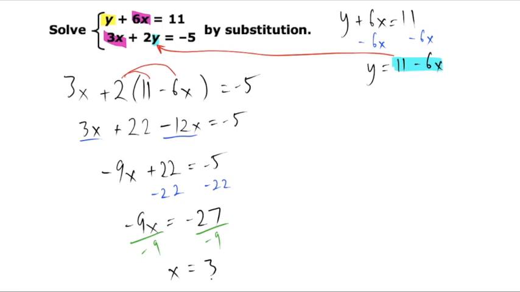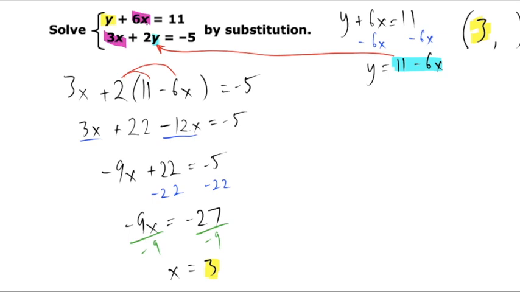So now that I know what x equals, I already know part of my solution is going to be 3, something. So I need to substitute the 3 I just found into any equation and solve for y. It does not matter which one you plug it in for.